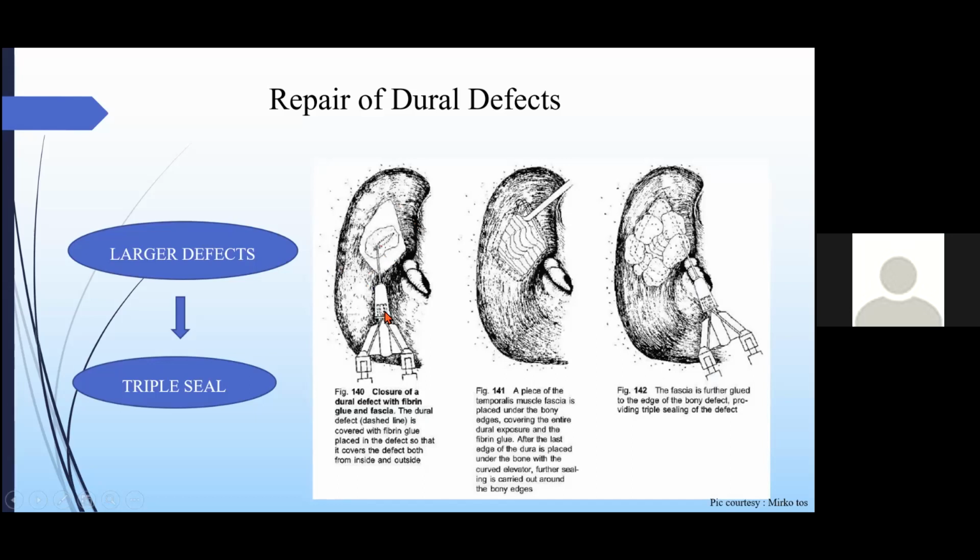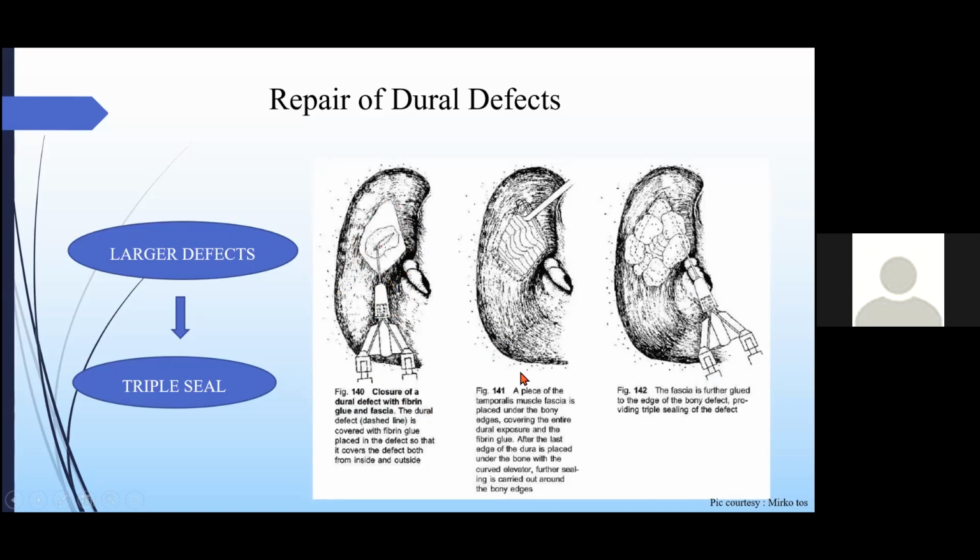The triple seal involves, first, addressing the defect with the help of fibrin glue. This fibrin glue is placed like a cork: a small part is placed in the center and surrounded by another layer of fibrin glue on the periphery.